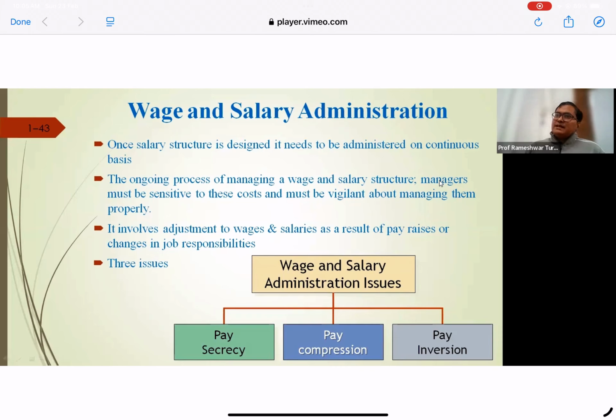Now the US government is coming up with another law where it will be very common for private company employees to discuss their salary with colleagues and teammates. So it creates another issue. The company takes a conscious decision whether to go for pay secrecy or not. That is one issue. Then there are the other issues, pay compression and pay inversion.